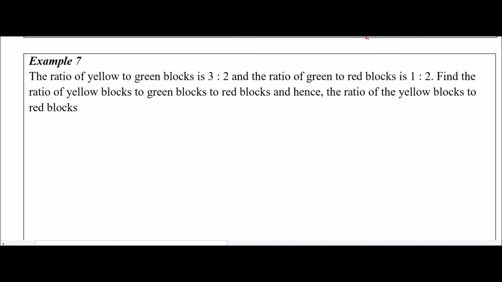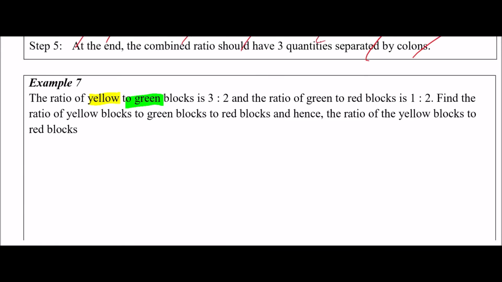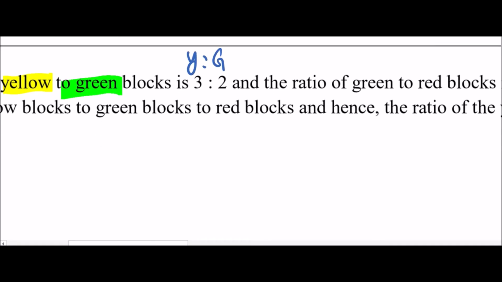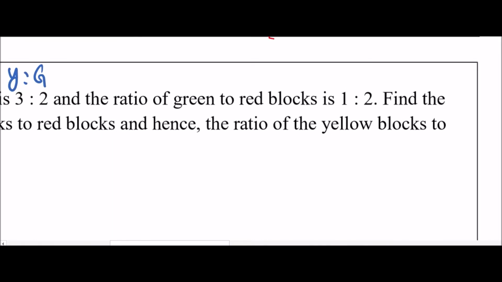In the first example, the ratio of yellow to green blocks is 3 is to 2. It'll be nice to write down: yellow is to green is 3 is to 2. And the ratio of green to red blocks is 1 is to 2.